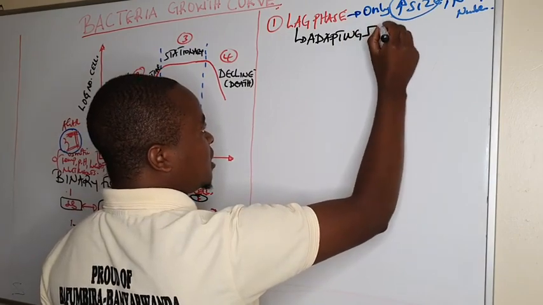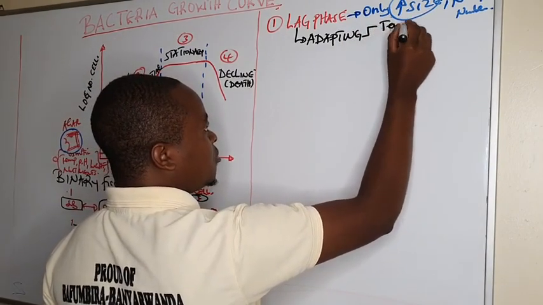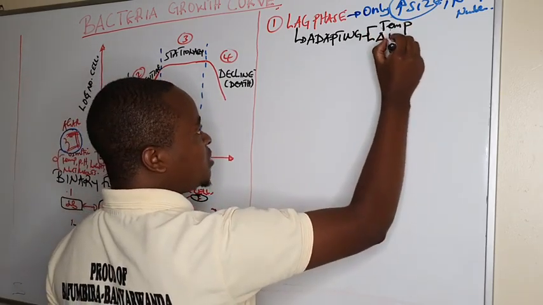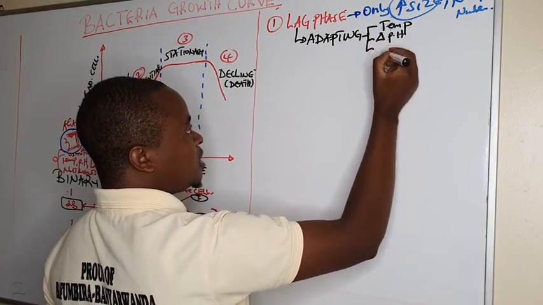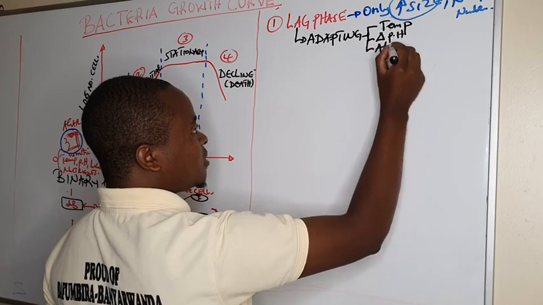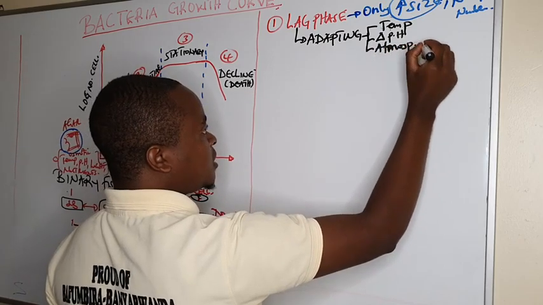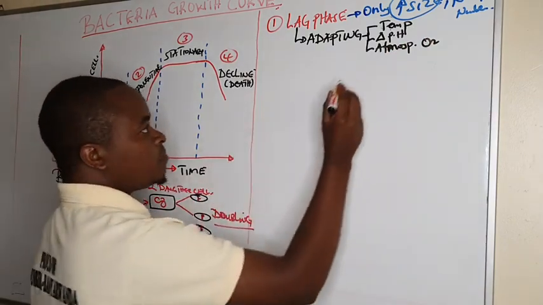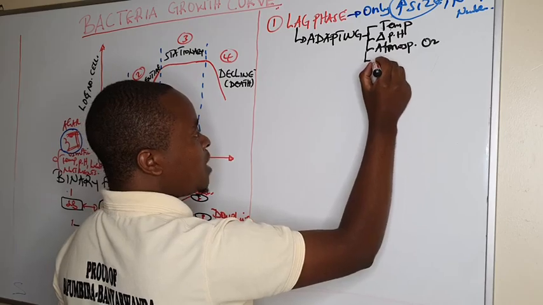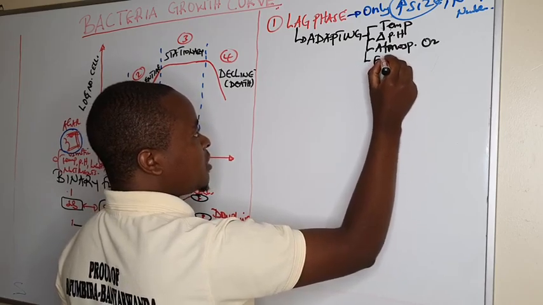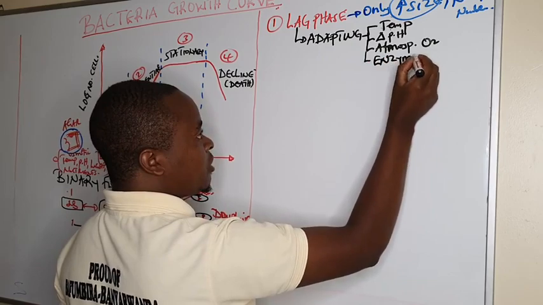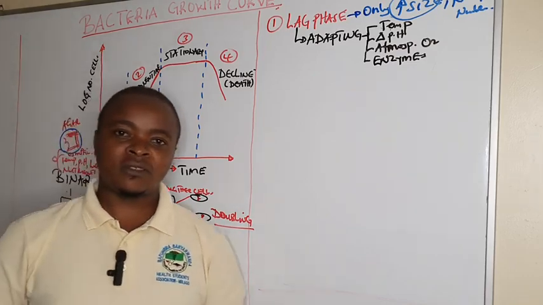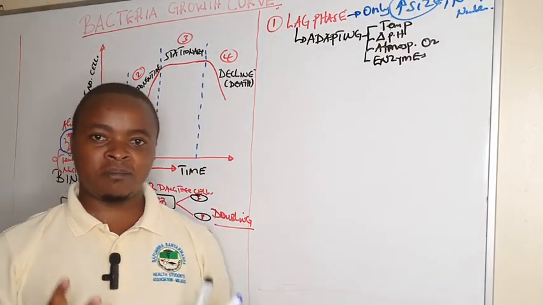How? By adjusting to the temperature on which you are incubating, by adjusting to change in pH, by adjusting to other atmospheric conditions like oxygen. But at the same time, this bacteria is also making necessary enzymes which are required for metabolic processes. So during lag phase, there is protein synthesis in the bacteria.